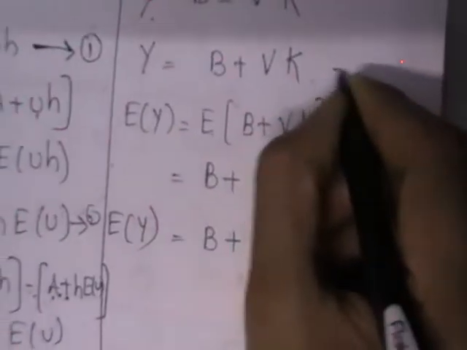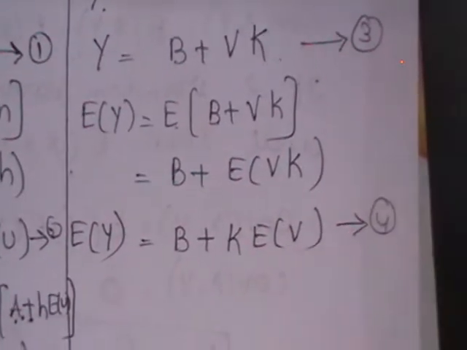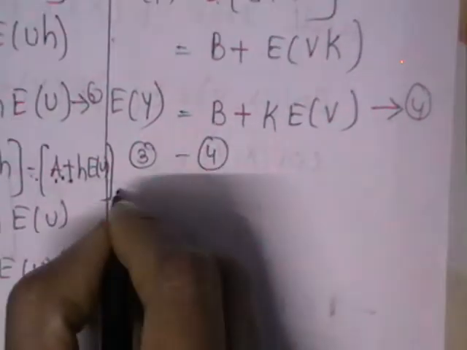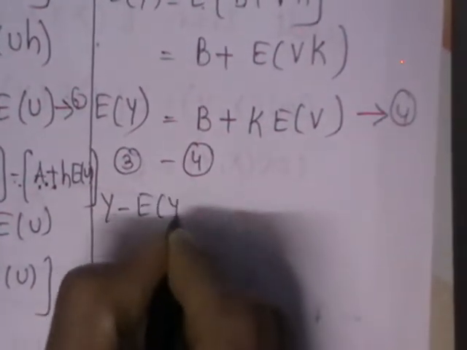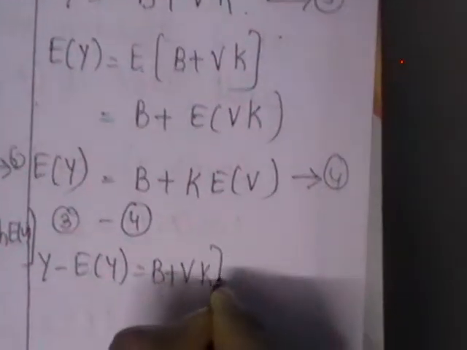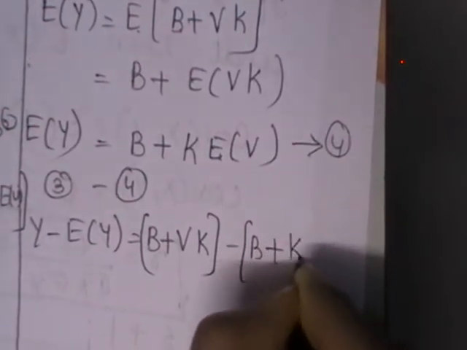Similarly here, let it be 3 and 4. To find y minus expectation of y, let us subtract 3 minus 4. You will get y minus e of y equal to, what is the RHS here, b plus k v minus b plus k into e of v.